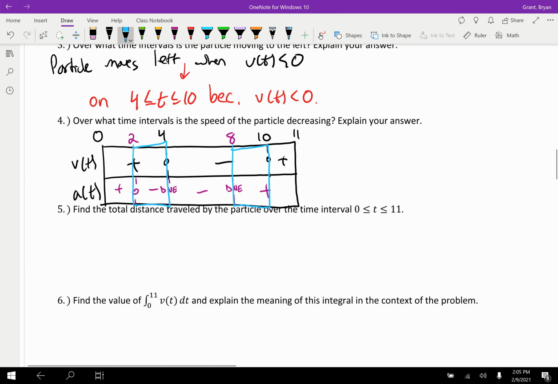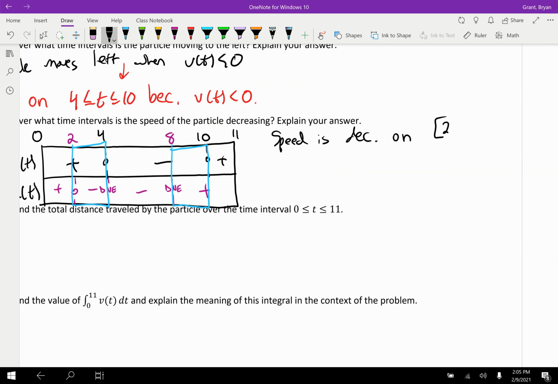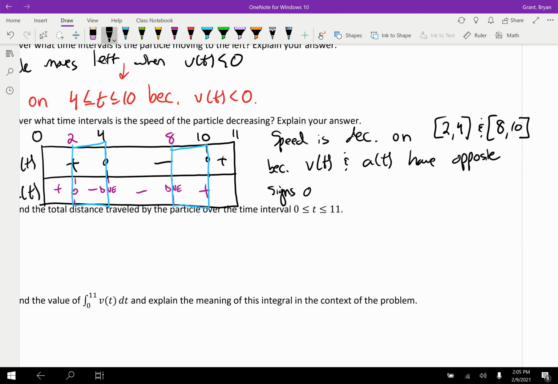Well, we would say that the speed is decreasing, feel free to abbreviate, on 2 to 4 and 8 to 10, because v of t and a of t have opposite signs on that interval.